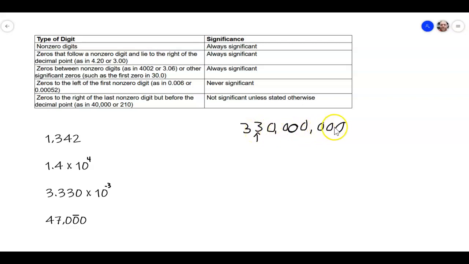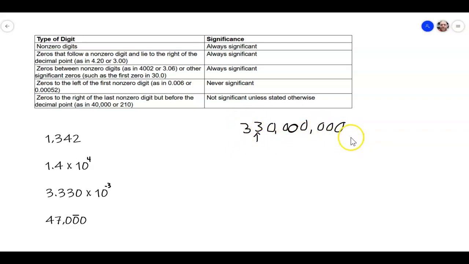All of these zeros here, we weren't really using in our measurement. We were only precise up to the ten millionths place. So only these two digits were actually accurate. This number only has two significant digits. None of these were used in our counting. So when I say two more people were born, why don't we have 330,000,002 now?